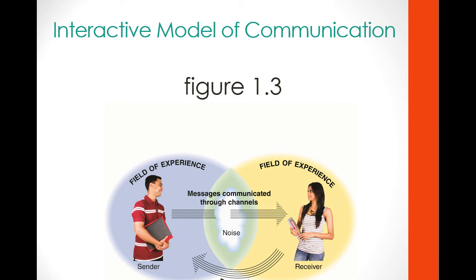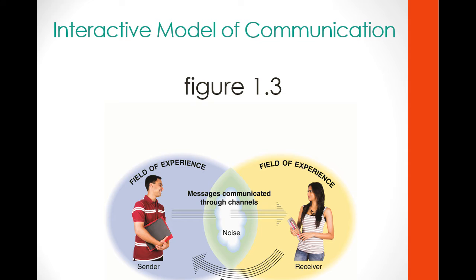The interactive communication model also views communication as a process involving senders and receivers. In this model, transmission is influenced by 2 additional factors though, all right? And that's going to be feedback and fields of experience. Feedback comprises verbal and nonverbal messages that recipients convey to indicate their reaction to communication.